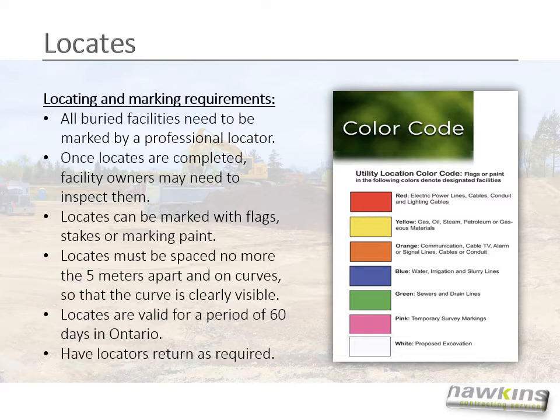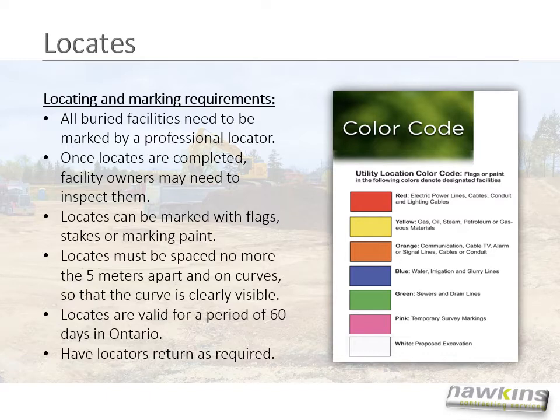All professional locators use this utility location color code. Red stands for electrical power lines, cables, conduit, and lighting cables. Yellow represents gas, oil, steam, petroleum, or gaseous materials.